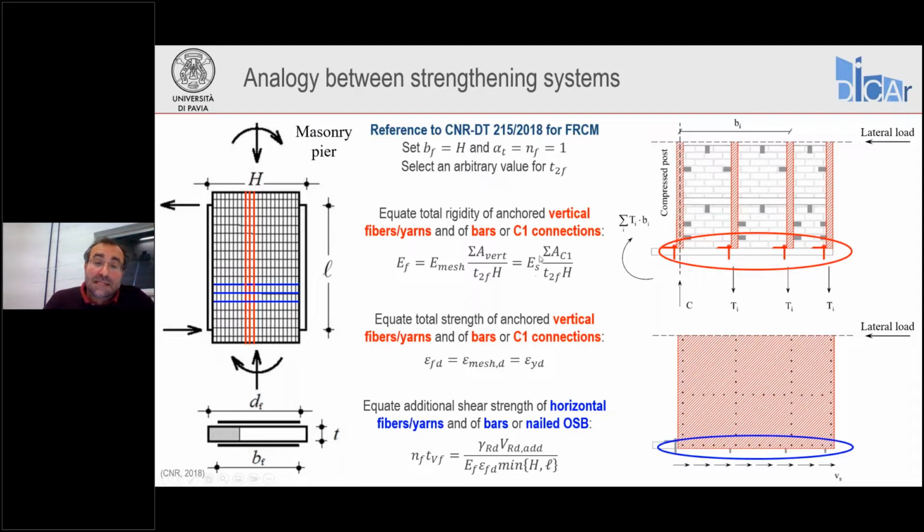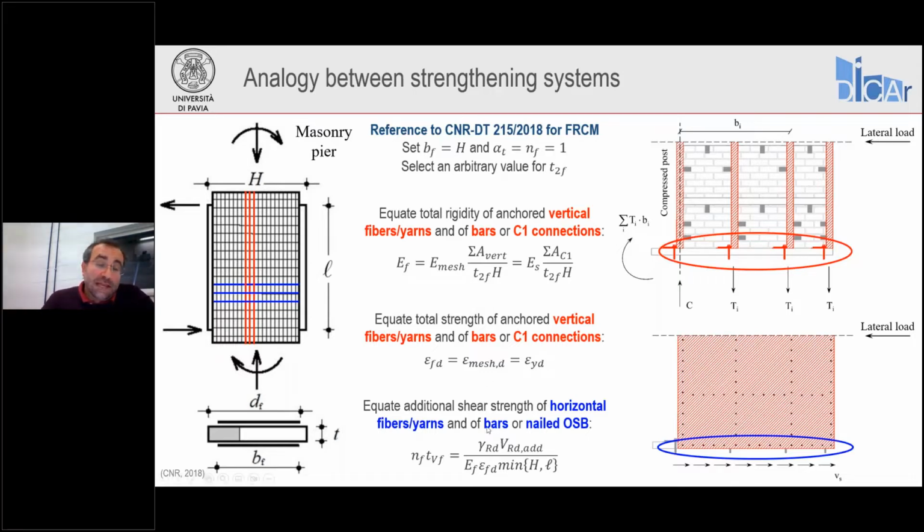Since we have already set up this first equivalence that led us to the value of EF, and we have fixed other parameters, T2F and H, basically, this translates into equating the design ultimate tensile strain of the FRCM fibers to the one of the mesh for the CRM or the one of the steel for the connectors in the timber solution. And this is what concerns the flexural strength.